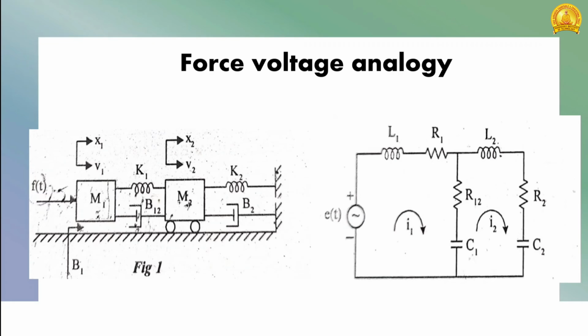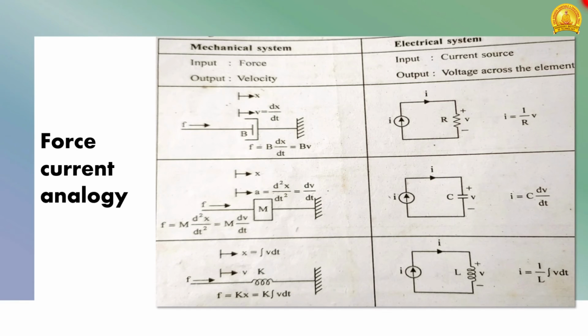So now we can move on to the force current analogy. For drawing the force current analogy, you have to know these basic things. These are the basic analogous elements of the mechanical system. Force is analogous to current, velocity to voltage, dashpot is analogous to resistor, same as in the force voltage analogy, mass is analogous to capacitor, and spring constant is analogous to the inductor.